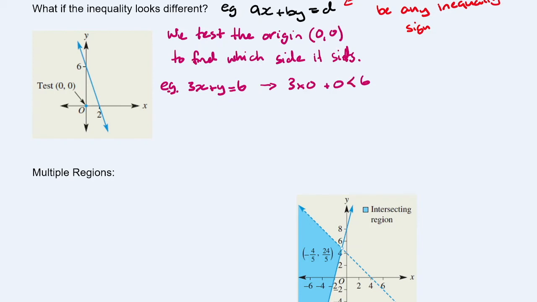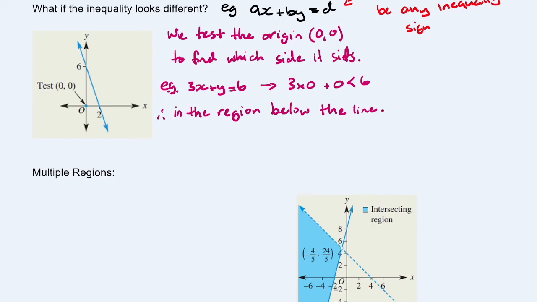That means that the point at the origin is in the region below the line. That's the test for what we're looking at.